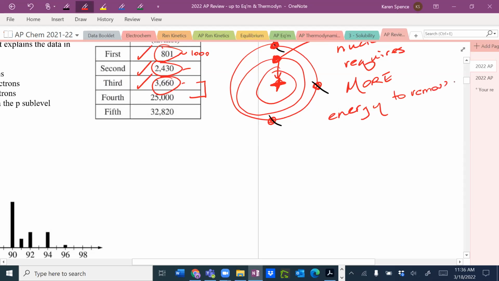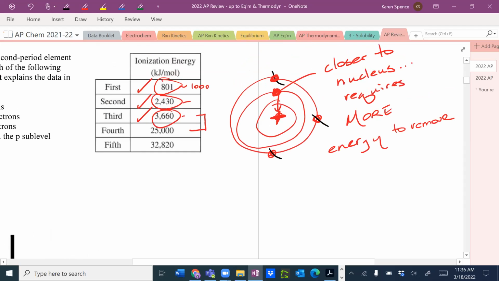And it's not just more energy, but a greater magnitude, like an order of magnitude. So that means that we must have something which is in group 13 because it has 3 electrons.